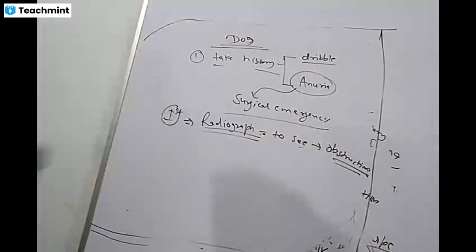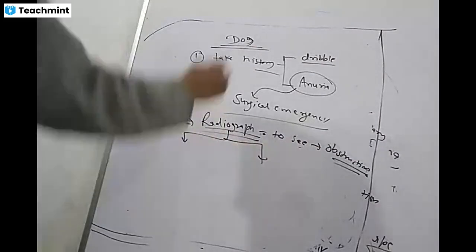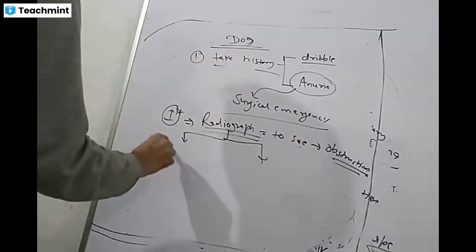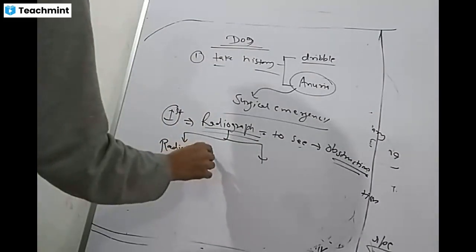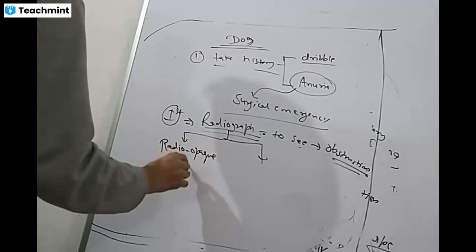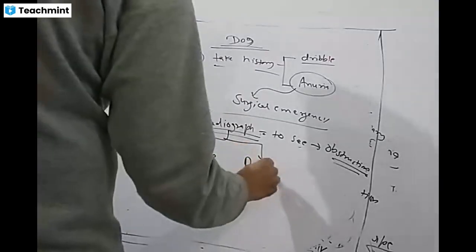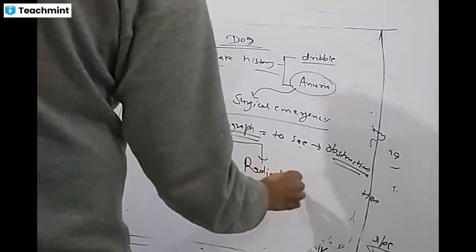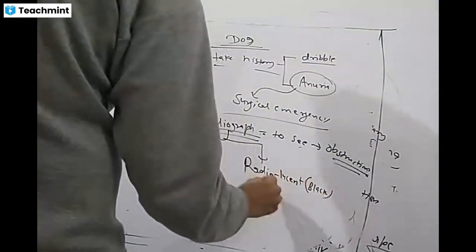On radiograph, stones may be of two types: radio opaque calculi, and radiolucent, meaning black calculi.